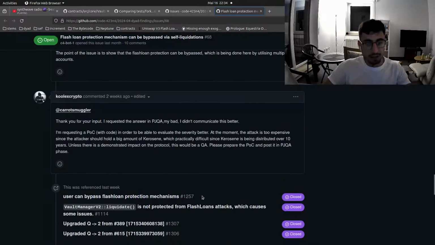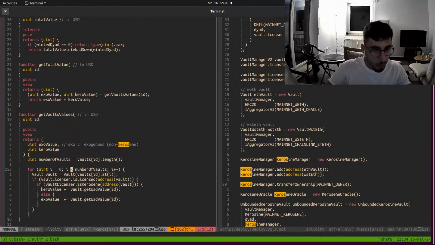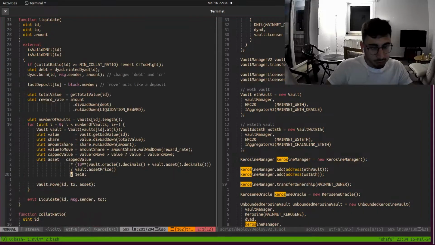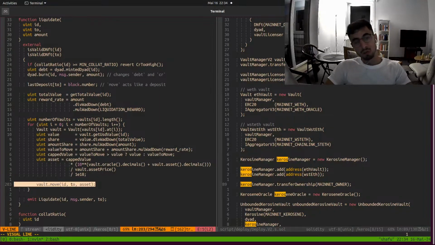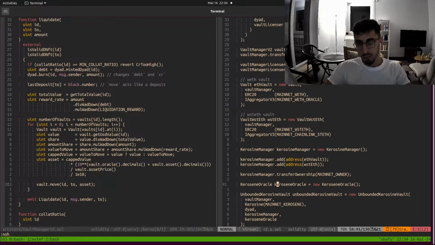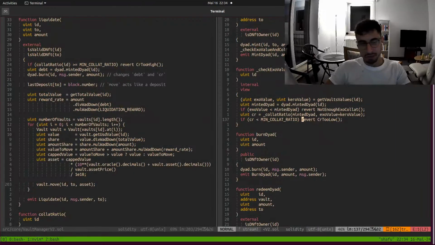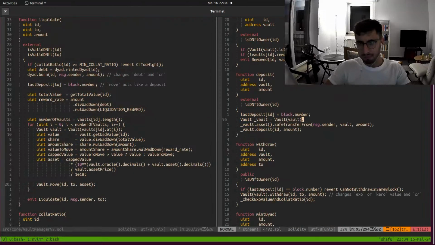No, okay, I thought this was a different find. So there is a problem because of the flash loan protection. So the vault move here is basically like a deposit, right? And actually thinking about it, no, it's right.